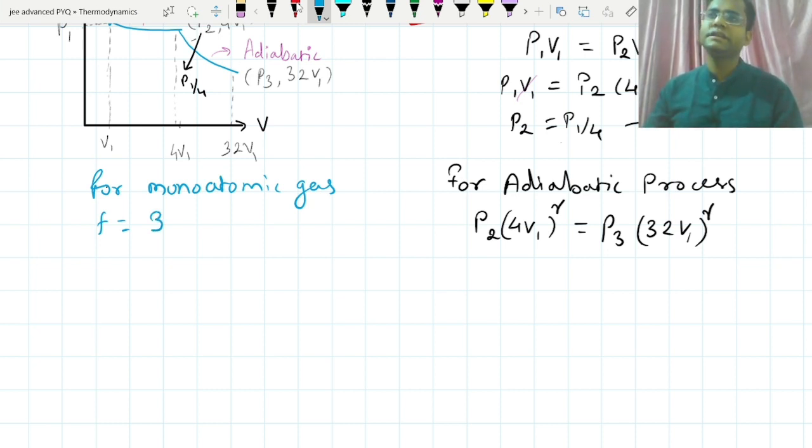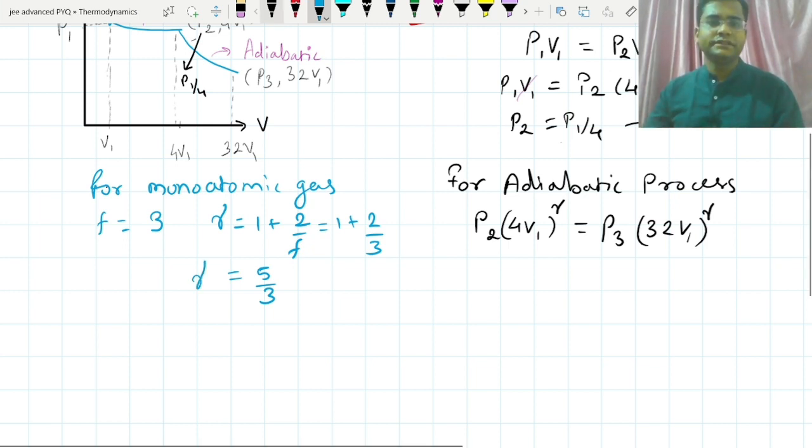So there are 3 degrees of freedom. For a monoatomic gas, the degree of freedom is 3, and gamma is 1 plus 2 by f, where f is the degrees of freedom. So this will be 1 plus 2 by 3. Cross multiplying, you get 5 by 3, that's the value of gamma.